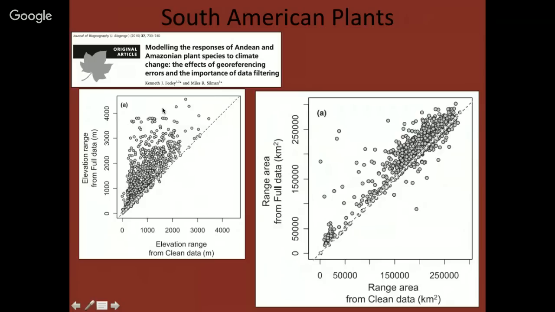So with cleaned, high-quality data, they were able to appreciate that these species have narrower elevational ranges. And then on this right-hand panel, you see the same effect for range area. So essentially, almost without exception, ranges were smaller when the estimates were based on clean data. And the authors could appreciate a higher degree of range restriction or endemism when they had cleaned up their data.